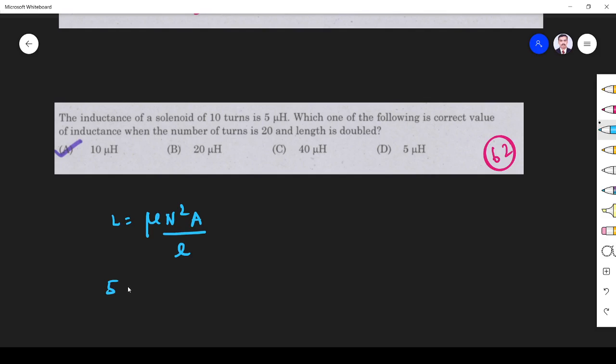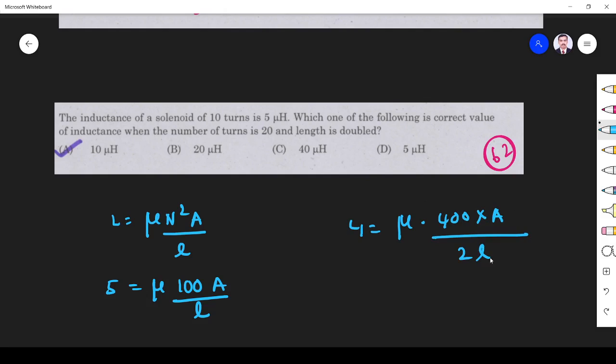So for 5 microhenry, mu into 10 squared, that is 100, A by L. What is the new inductance they ask? Let us assume L1. Mu is not changed, n becomes 20, so 20 squared is 400. A is not changed, the length doubles to 2L. So what happens?